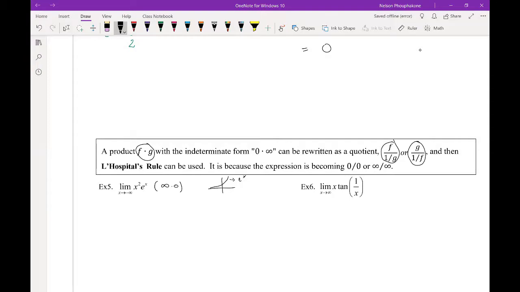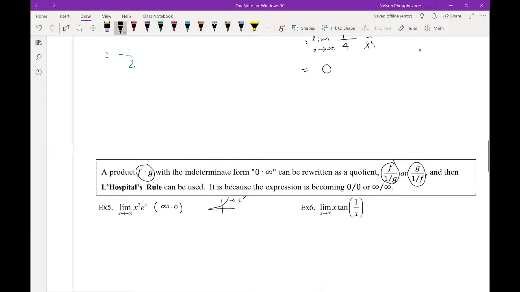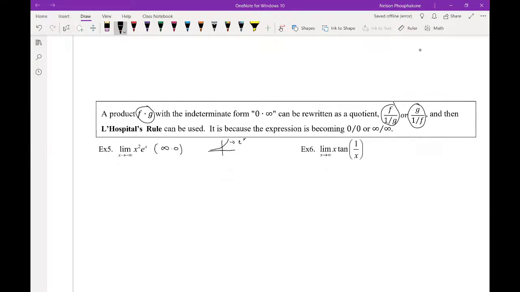So what we need to do is rewrite this into a quotient. In this case, we could rewrite it into this form: x squared over 1 over e to the x.